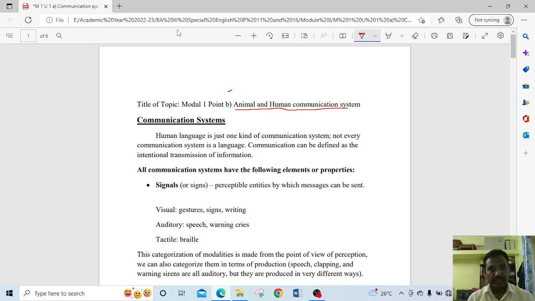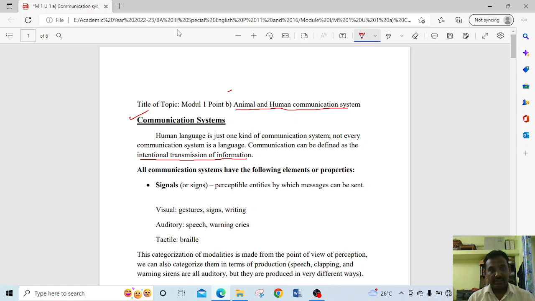Now let's begin with the term communication system. In a simple way, the way we communicate with each other, that is a communication system. It is defined as intentional transmission of information.